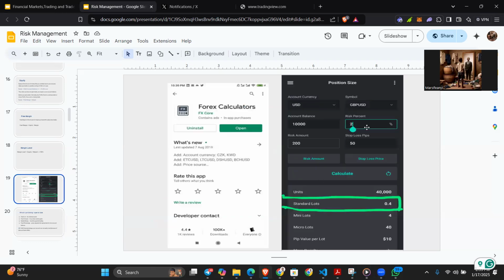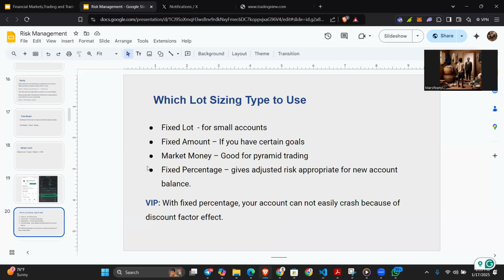Now, if you watch the calculation we did here, we are using 2%, which is a fixed percentage. The type of lot size to use depends on your personality and maybe your purpose of trading that account.